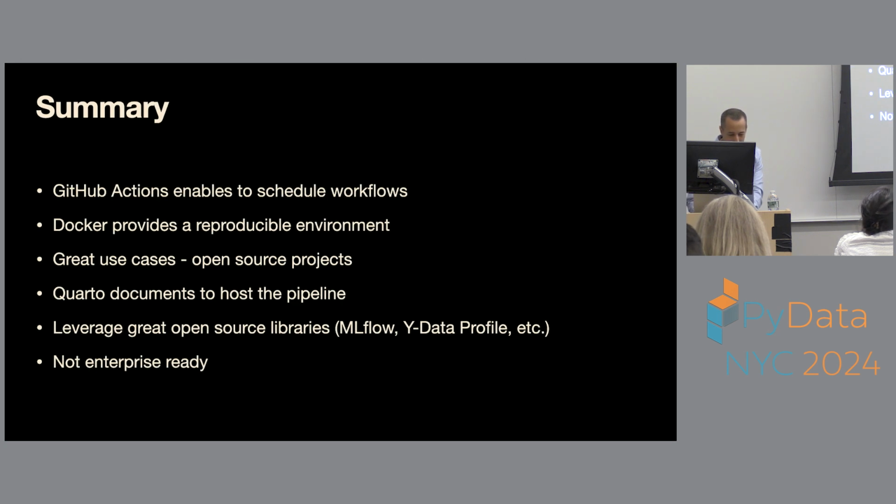All right, so just to conclude, GitHub Actions enables you to schedule a workflow. Great tool, free up to a certain extent. Great use cases for open source projects. Docker, I think, is the best tool for reproducibility and deployment.